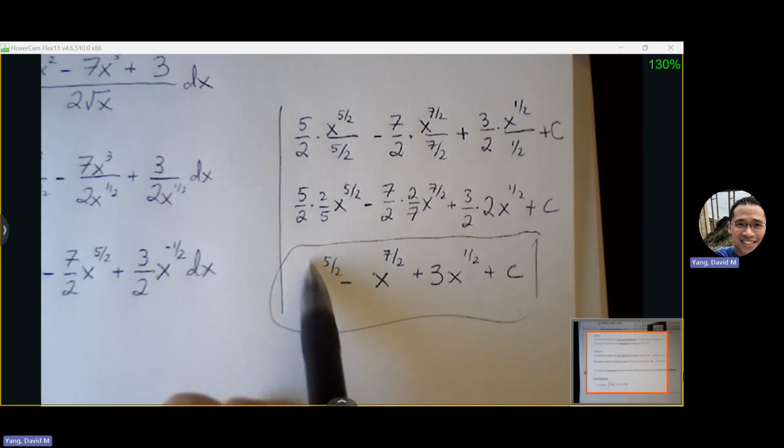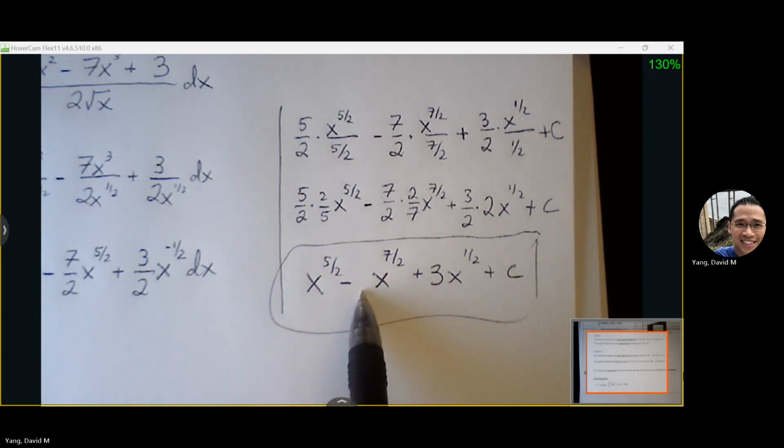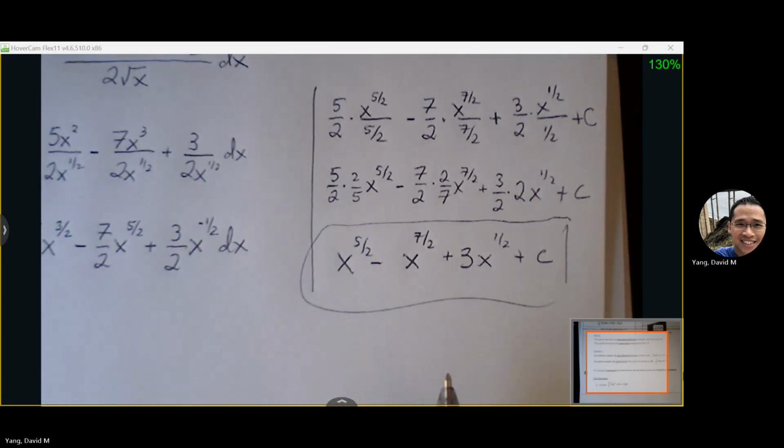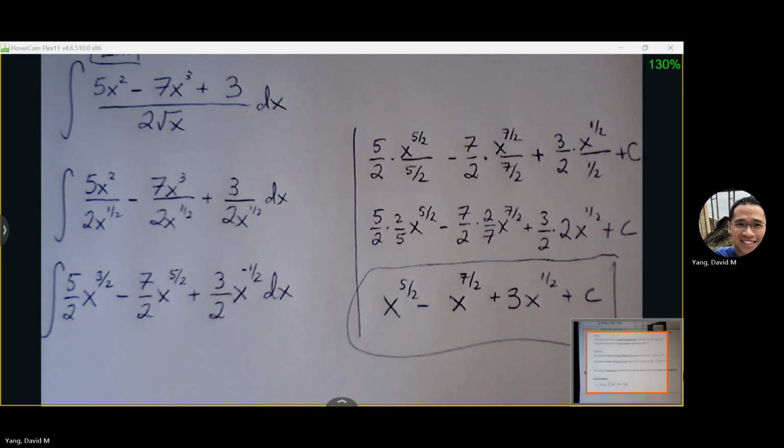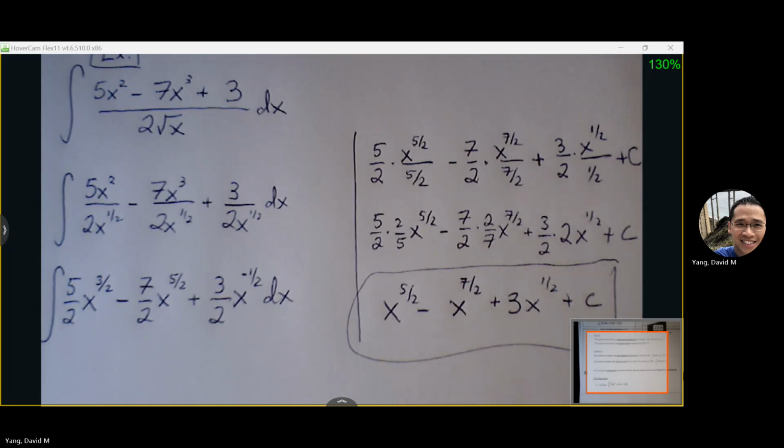Whatever leftover coefficient in front, you just have to keep it. Okay, you'll see a problem like this on your quiz. Any questions about these steps?